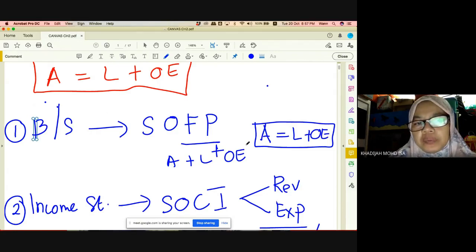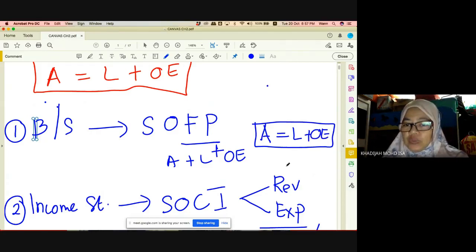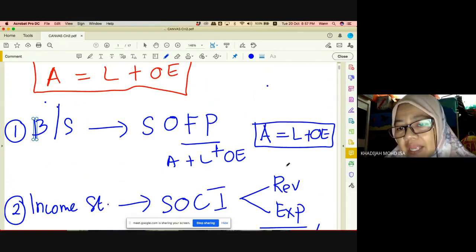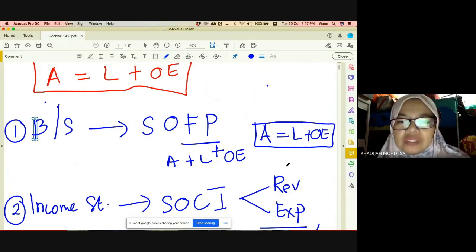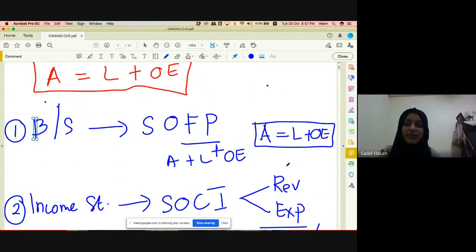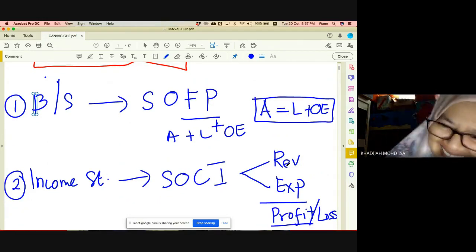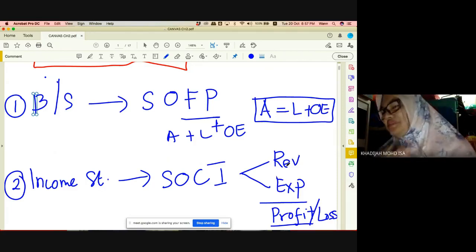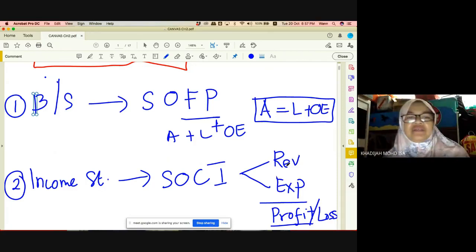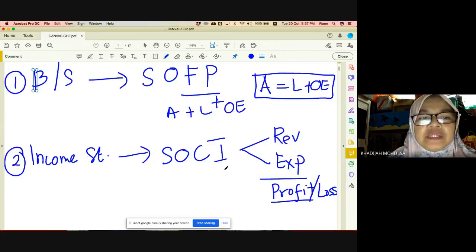Whenever you prepare your balance sheet, you must always have this formula: your asset must equal your liabilities plus owner's equity. What if your asset is more than your liabilities plus owner's equity? It's not correct, so it's wrong, and you must double check further.